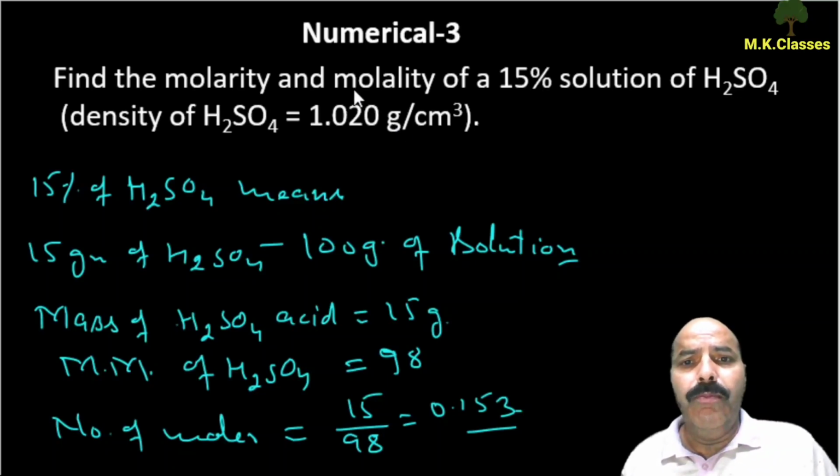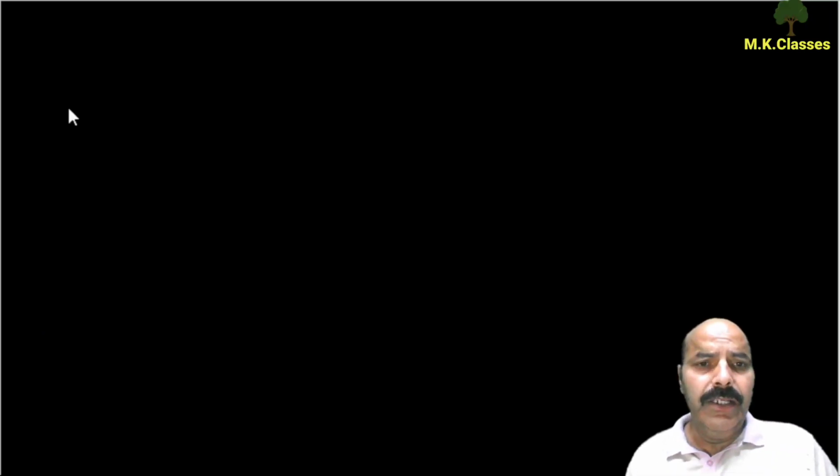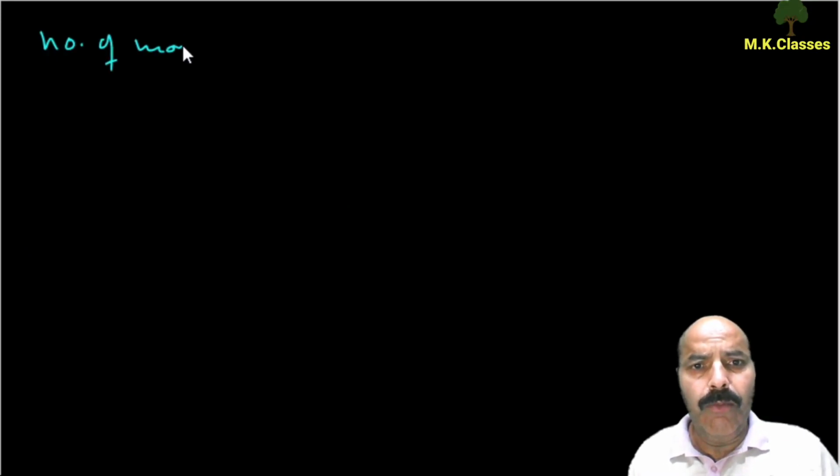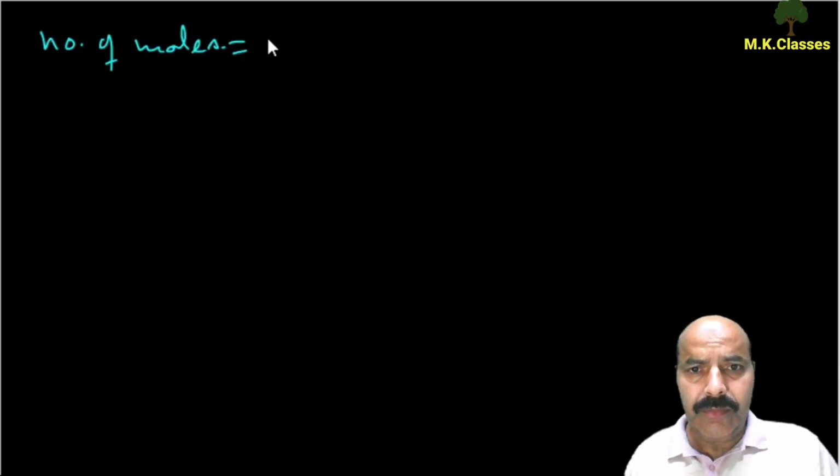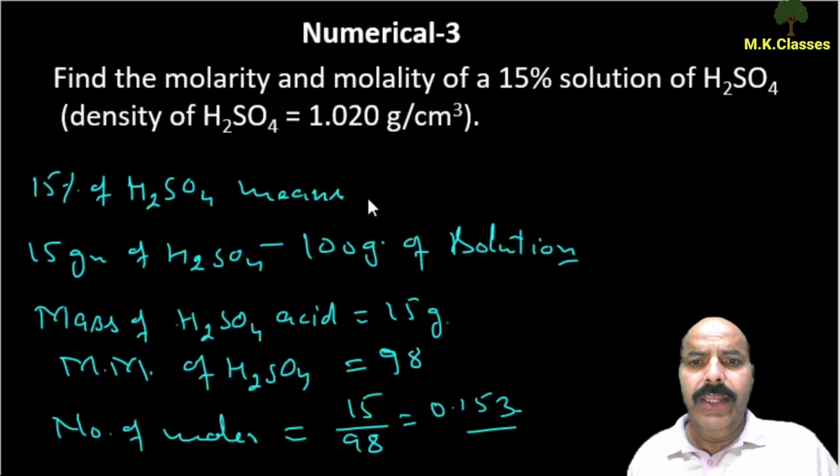So molality we can find out here. So number of moles, जैसे अभी हमने निकाले, number of moles कितने थे बेटा अभी हमारे पास, that is 0.153 number of moles थे आपके सल्फ्यूरिक एसिड के बेटा. ठीक है. Then we have to find out the molality.